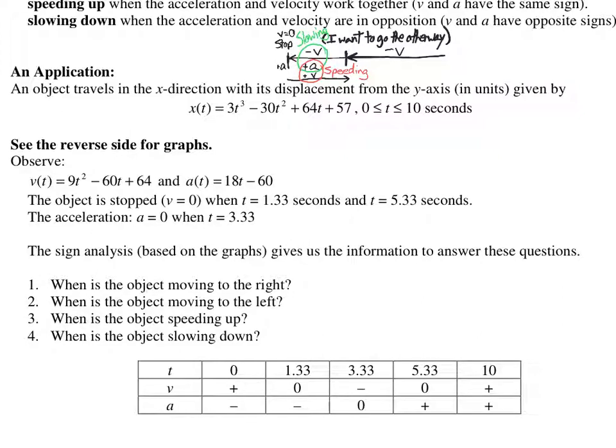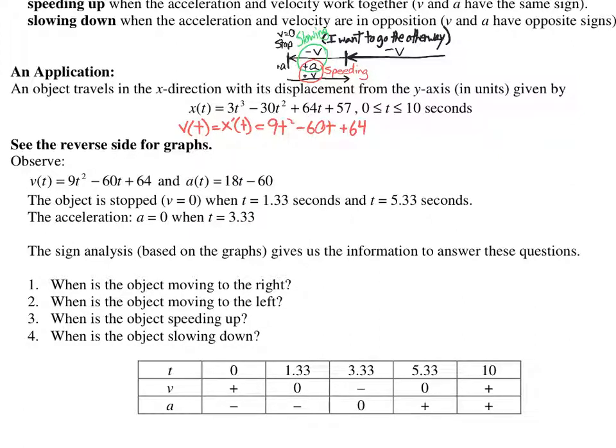Now, we can observe using our power rule the derivatives. x prime of t is the velocity, remember. So that is 9t squared, bring the 3 out in front with the other 3, so 9t squared minus 60t plus 64 plus 0.